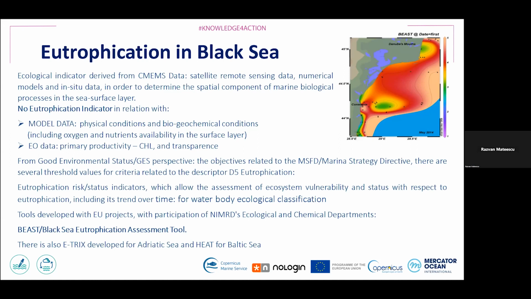It will help you to determine the spatial component of marine biological process in the surface layer.